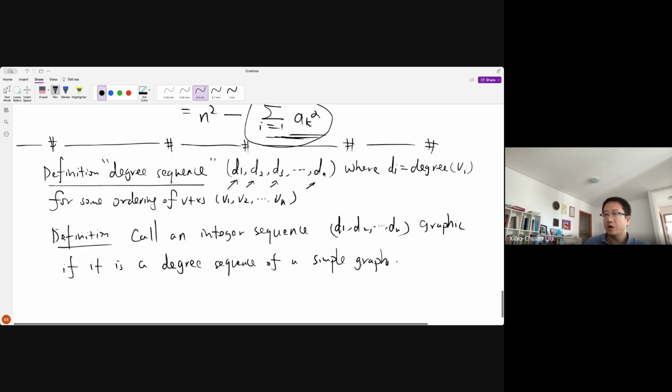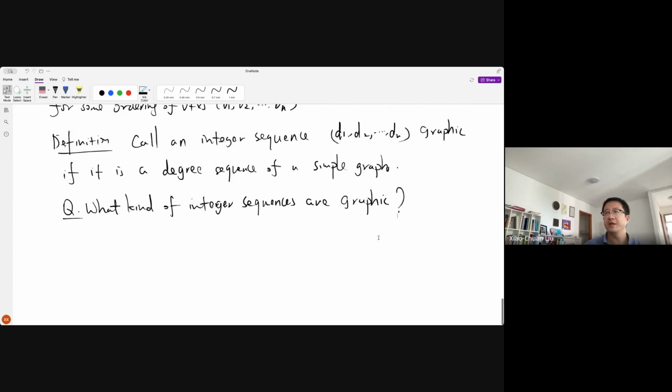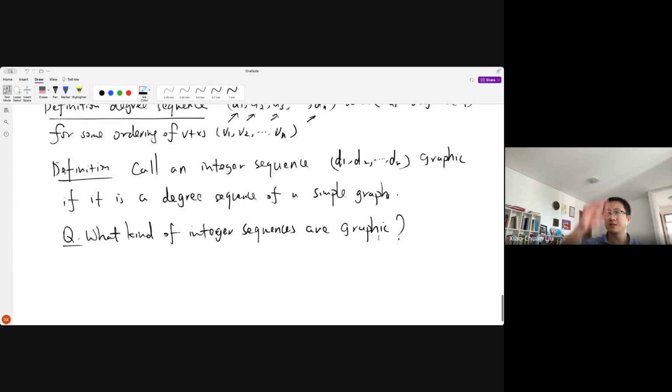Okay, so the question is, what kind of integer sequences are graphic? Can you simply write down a sequence such that you know it cannot be obtained from a simple graph?